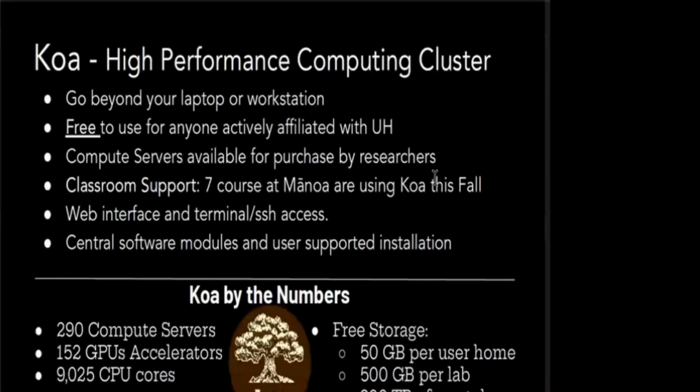So every user gets a home directory, 50 gigabytes, and PIs can request 500 gigabytes per lab. And that lab storage can be shared among COA users within a given group. In addition, there's 800 terabytes of scratch space that's equally shared for all the COA users.